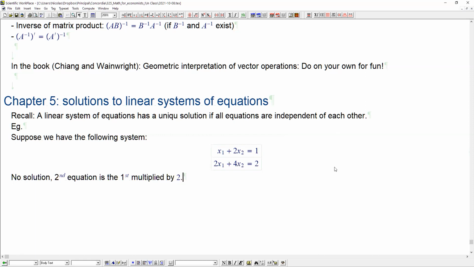And note, by the way, that if you remember the determinant, here it would be 1 times 4 is 4, minus 2 times 2, so 4 minus 4. So the determinant would be 0. We already see that we cannot have a unique solution, since we know what the determinant is. So here, how many solutions would I have for x1 and x2?